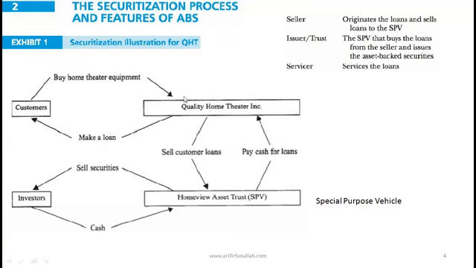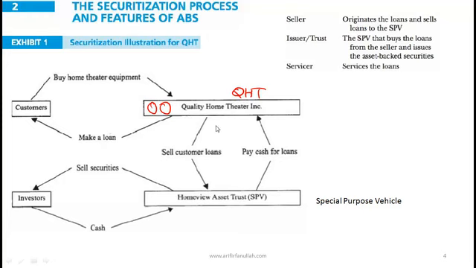So if the sale is financed, that means that on the balance sheet of Quality Home Theatre Inc., QHT, it will have several consumer loans. Customers buy the product, and to buy the product they borrow money. So you have all these loans sitting on the balance sheet of QHT.